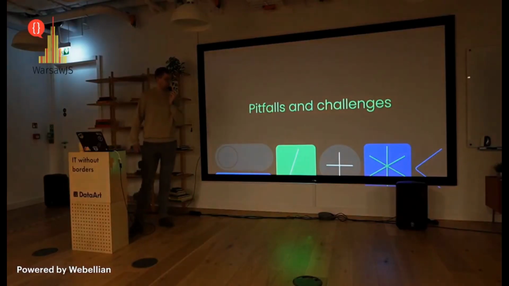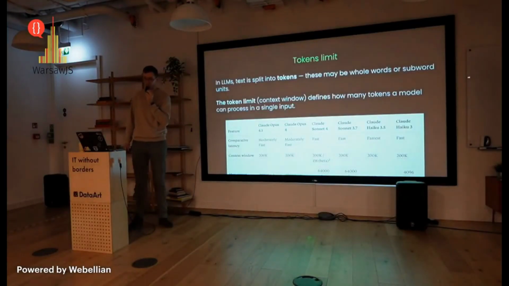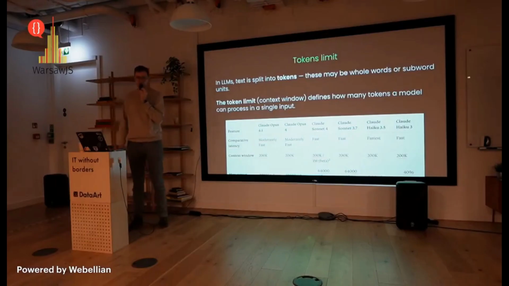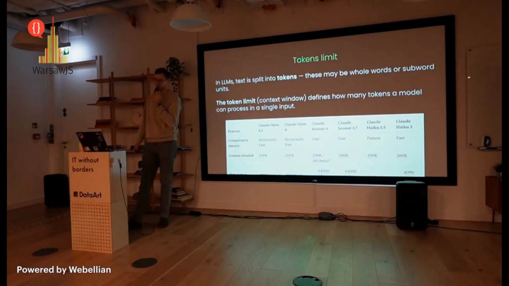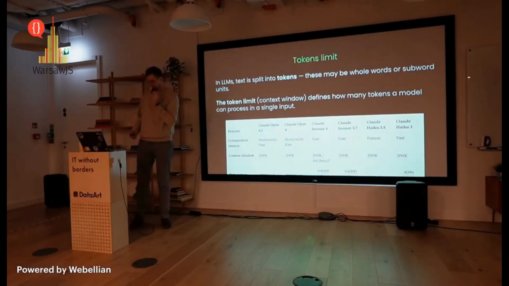Also, I want to talk about challenges that we had during development. And the first one is tokens limit. So when you're making a call to LLM, the text is split into tokens, which is a single word or part of the word. And you have a limit of the total number of tokens in a single request.